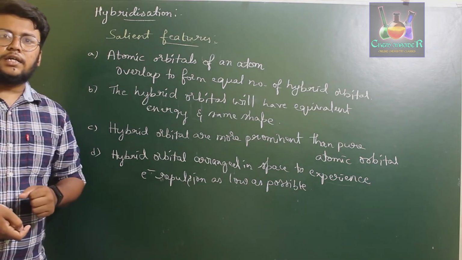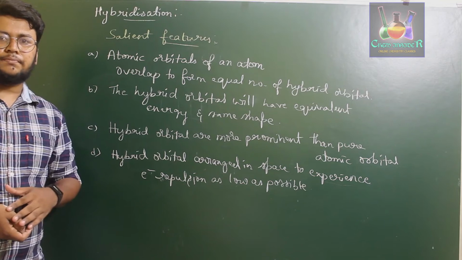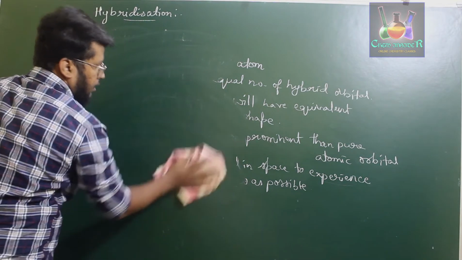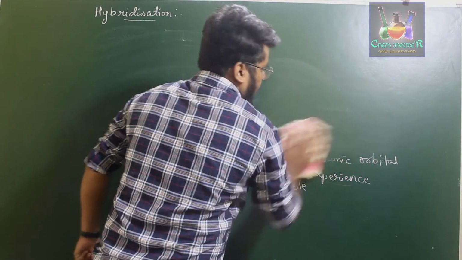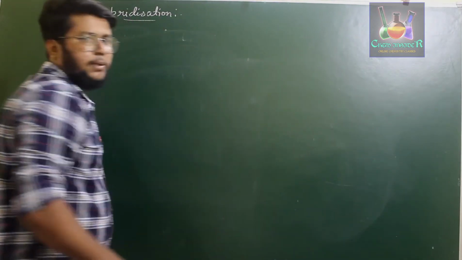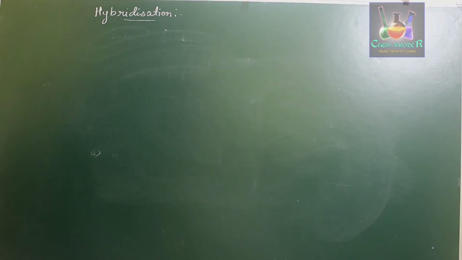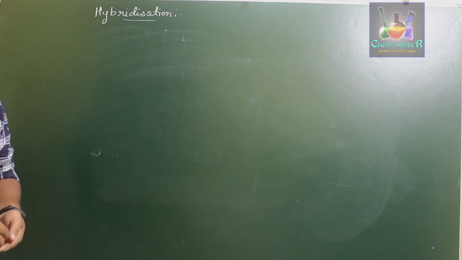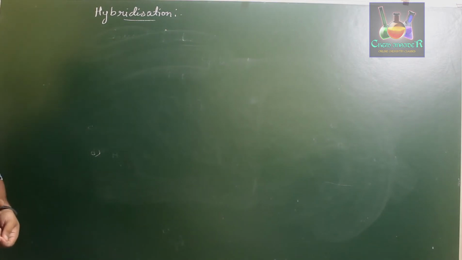Next, the necessary conditions for hybridization. There are four conditions which have to be followed in order to explain the hybridization of atomic orbitals.